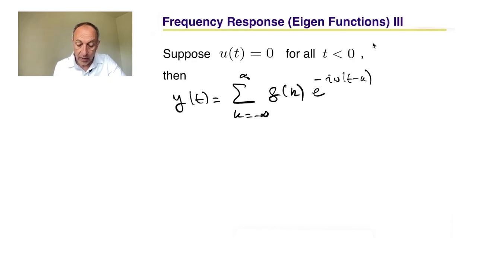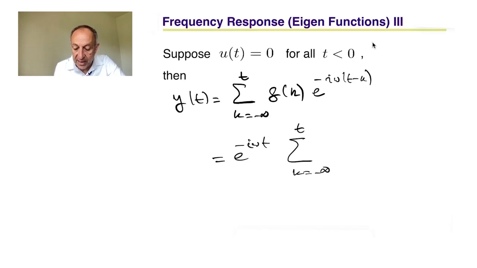It cannot go all the way to infinity. You can play the same game and take out e to the minus I omega t, and you're left with the summation from k equals minus infinity up to t, g of k e to the I omega k.